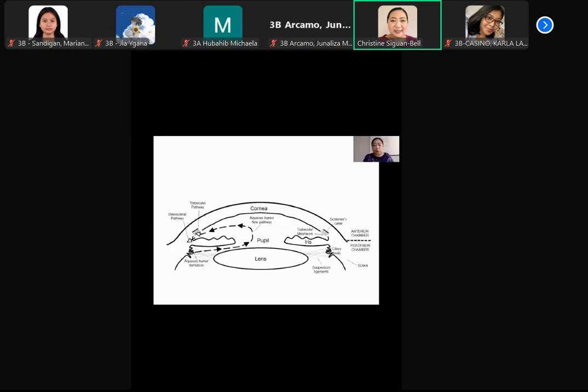In this picture, you're able to see the flow of aqueous. Look at the black arrows. The aqueous humor is produced in your ciliary body. Now, the ciliary body is in the posterior chamber. From the ciliary body, the aqueous, which is fluid, flows outside through the pupil.